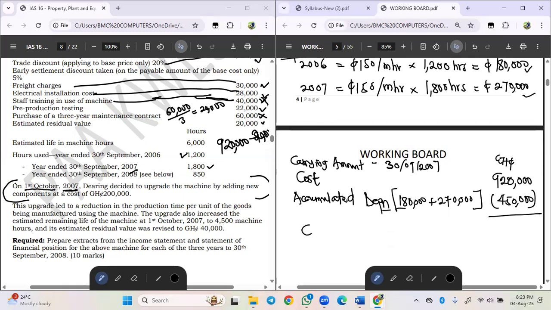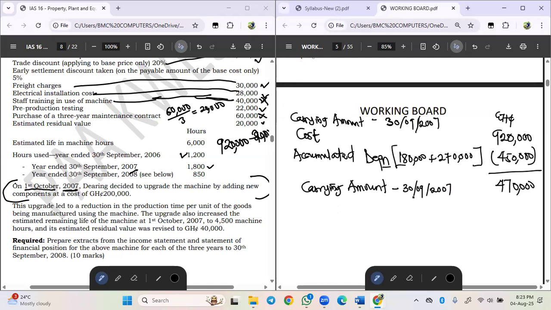So what is the carrying amount as at 30th September 2007? And will you all agree with me that the carrying amount as at 30th September 2007 is also the same as the carrying amount on 1st October 2007, because that's the date the upgrade happened?